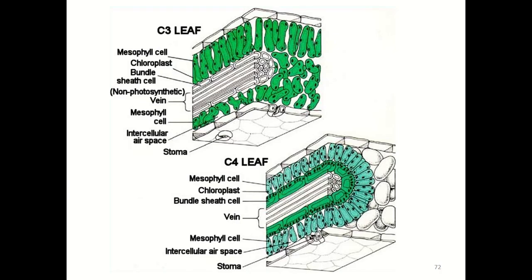So this is another clear figure of how the C3 leaf and C4 leaf look. It's quite different. As you can see, the mesophyll in C4 plants is arranged in a circle and surrounds the bundle sheath cells that surround the vein.